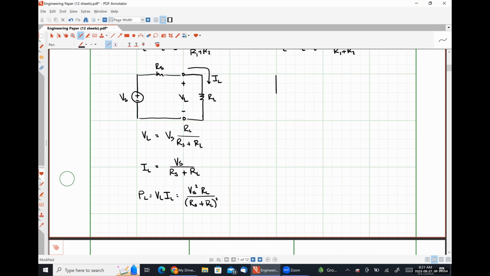Now, let's look at a practical current source connected to an arbitrary load resistance.